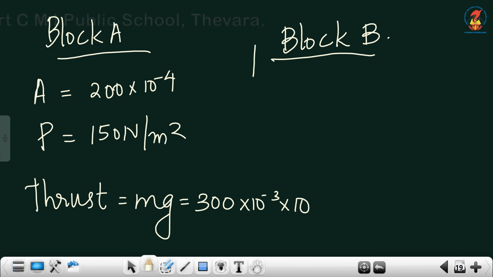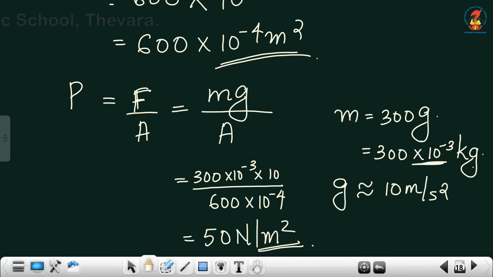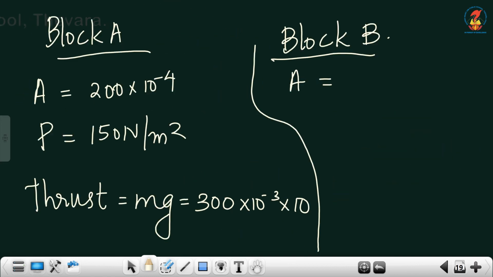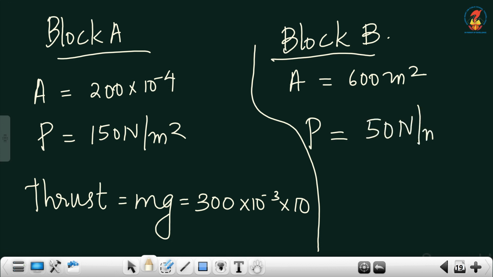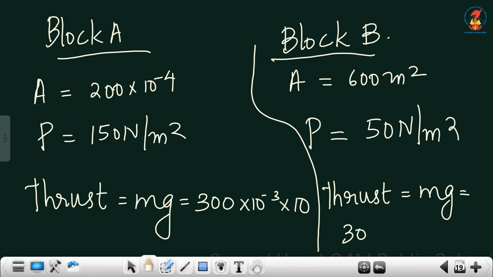For block B, when it was placed horizontally, the area of contact was 600 into 10 raised to minus 4 meter square. We got the pressure value as 50 Newton per meter square, and the thrust equals mg, which is 300 into 10 raised to minus 3 into 10. These are the findings based on the problem.